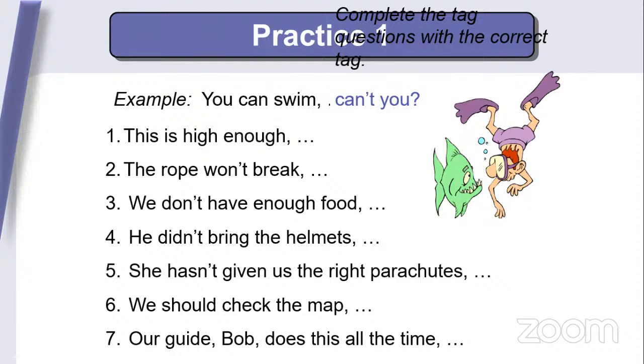This is high enough, isn't it? Yes, this is high enough, isn't it? And the next one?